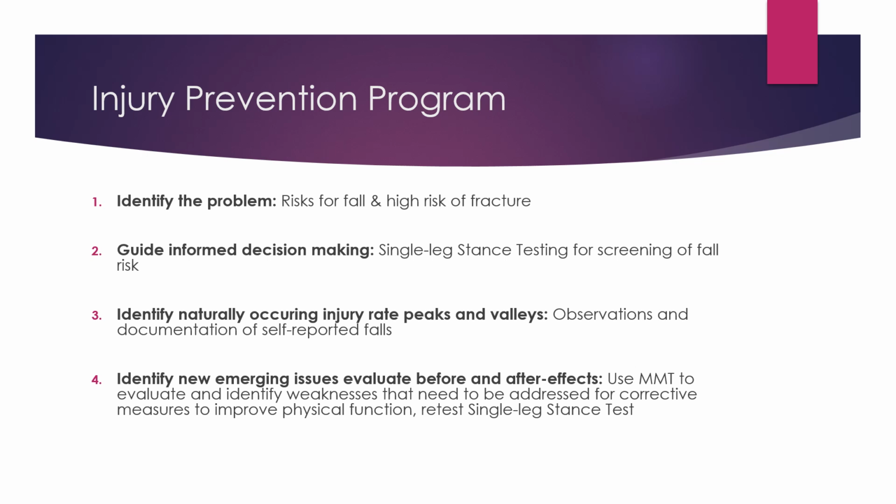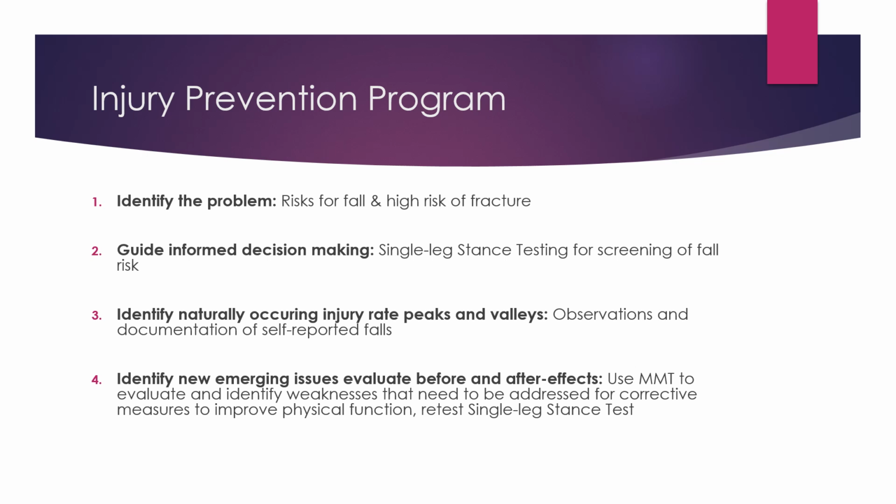So when we look at our injury prevention programs, we first really want to break it down to identify the problem. And here we have the risk for fall and the high risk of fracture with falls. 88.9% of lower extremity fractures occur from falls, and that is the number one thing that causes lower extremity fracture in the population of 70 or older.